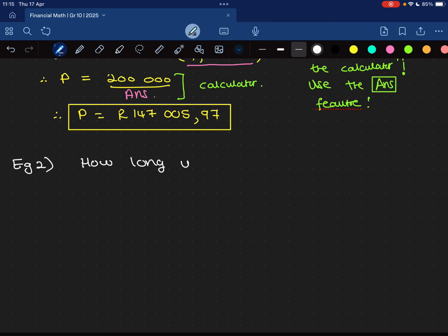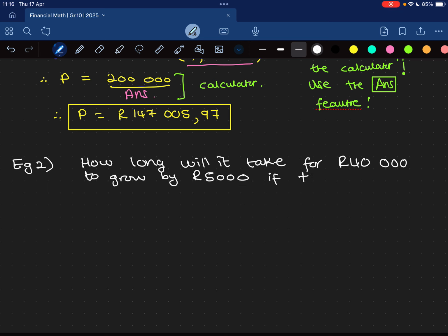It says, how long will it take for 40,000 Rand to grow by 5,000 Rand if the rate of interest per annum is 4.5% simple interest.